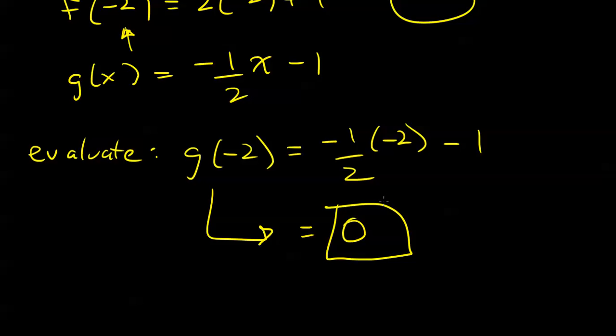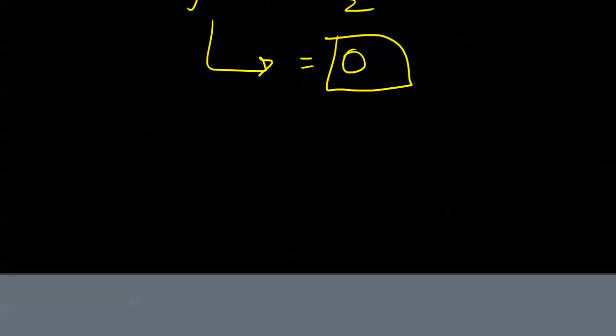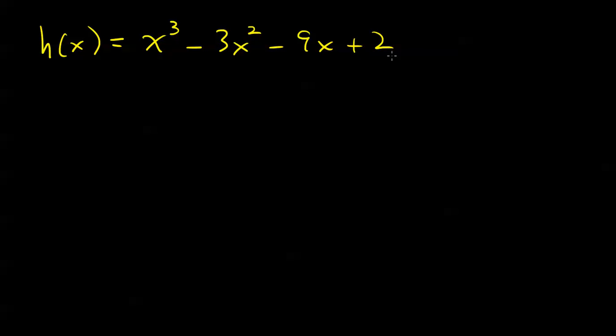Let's try something a little harder. We're going to get a fresh screen here. Let's define a function in terms of h. So I say h of x equals... alright.